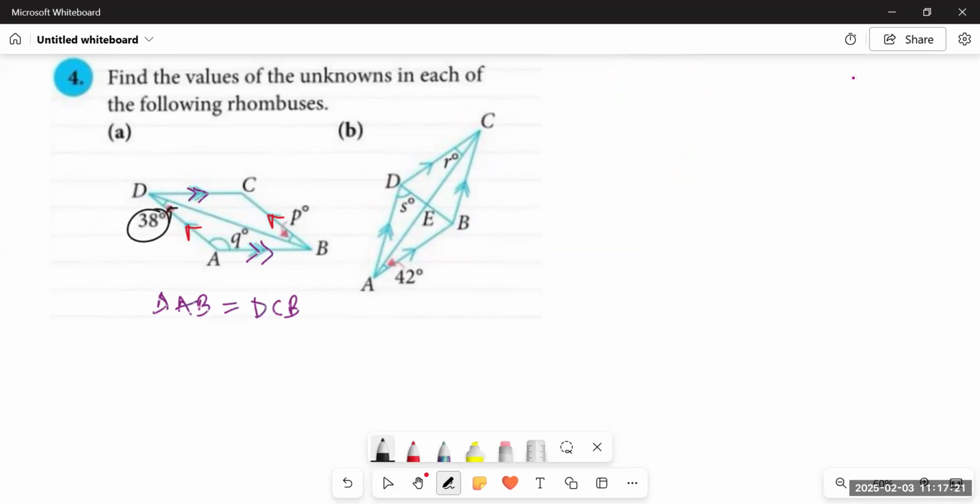It means angle BDC would be 38. This angle would be 38. Similarly, these two angles would be 38 as well, one marked as P and the other as angle ABD. You see, all four angles would be 38 each.